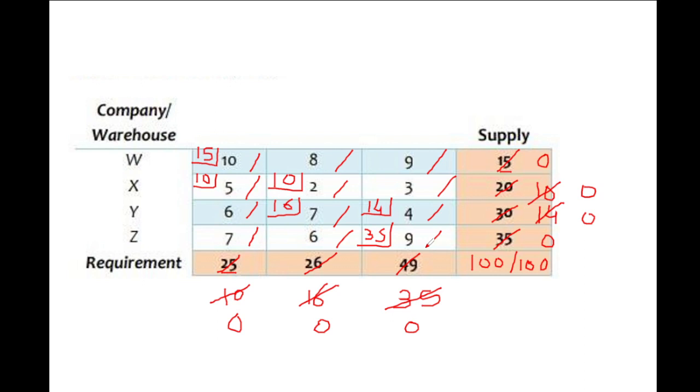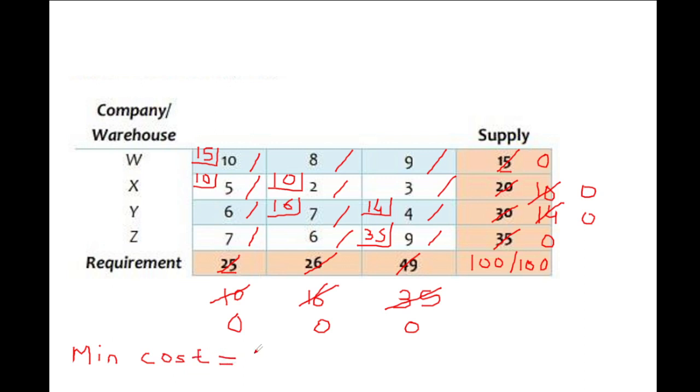Since all the parts are exhausted, you have achieved the solution. Now calculate the minimum cost based on the selected cells, wherever we have utilized the northwest corner, wherever we have indicated it.